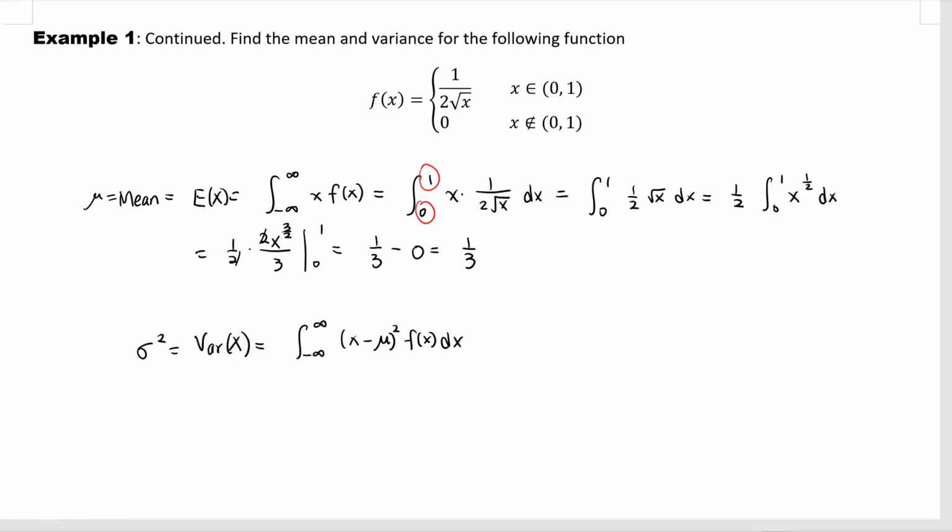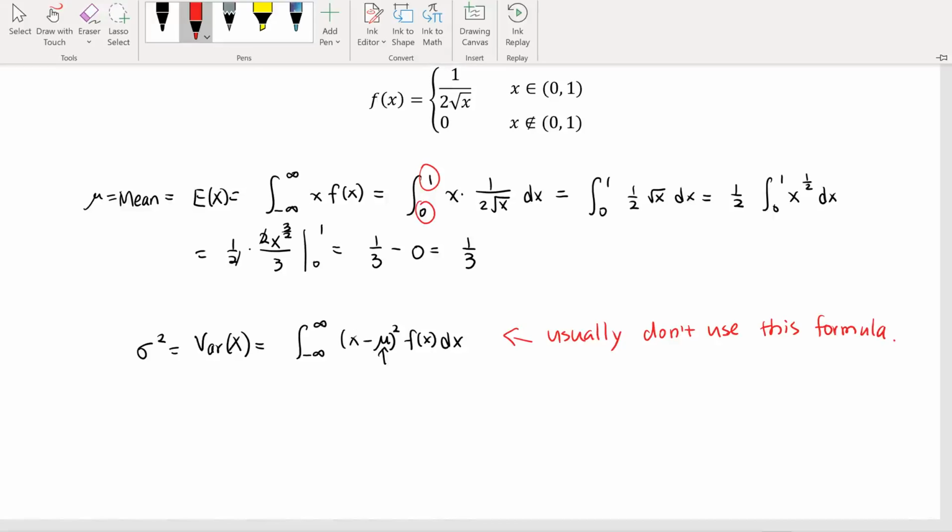But usually we don't use this way, because you see this formula relies on the mean, and you're going to integrate something that relies on the mean. So usually we don't use this formula. Okay, then what do we use?